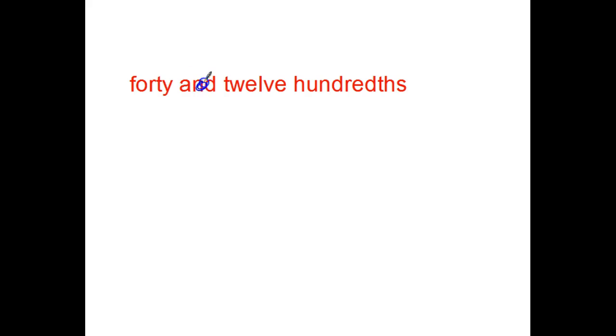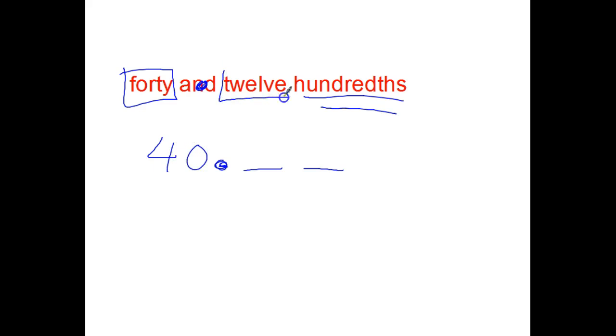Looking for the decimal point. I notice I got tenths, hundredths. So I'm going to have 2 places after my decimal. My chunk before says 40. My chunk after says 12. That's easy to put in there. Moving on. 8 tenths. I don't see the word and.